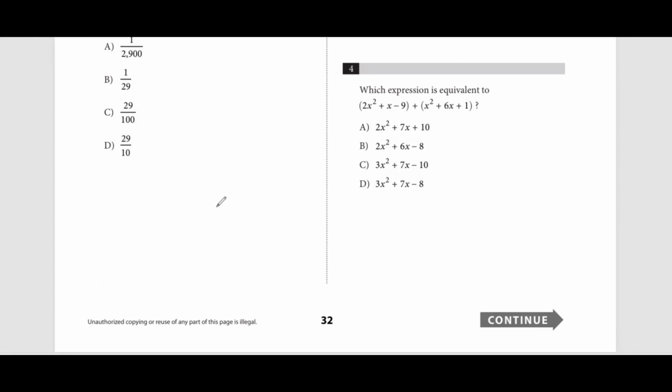We just make it smaller, just simplify it and add the similar terms. Is the correct answer option D? Yes, option D is the right one.